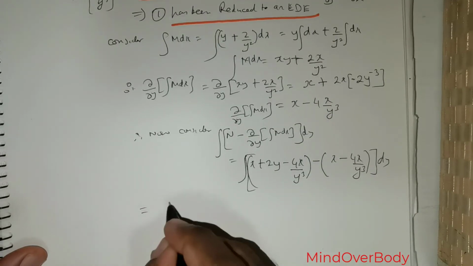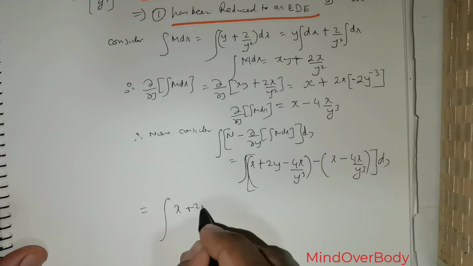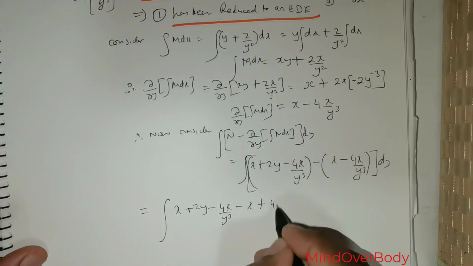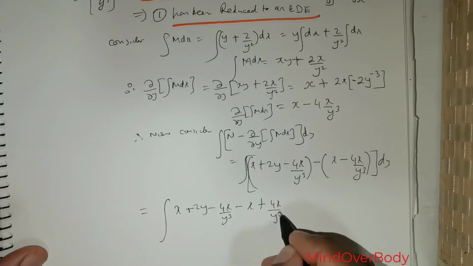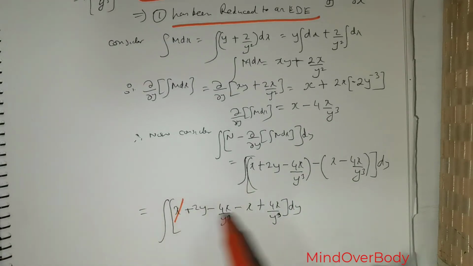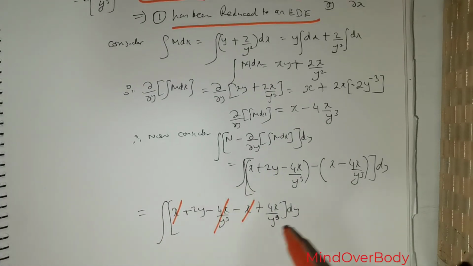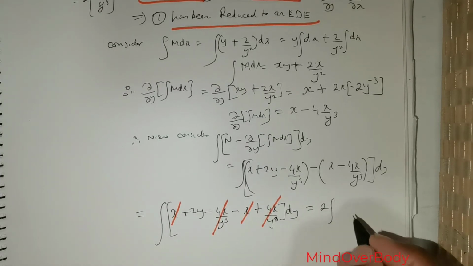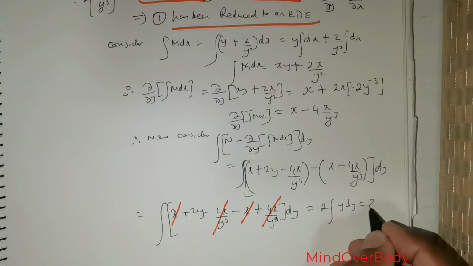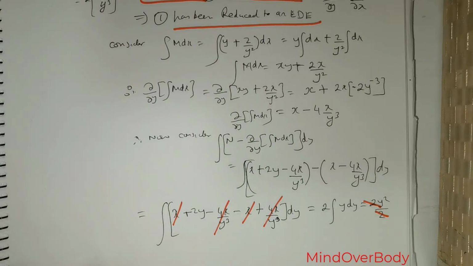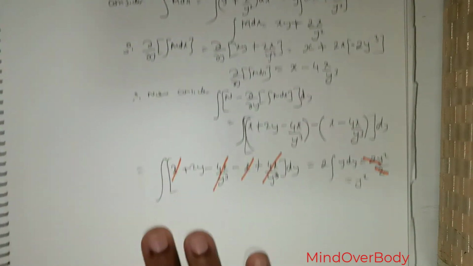So I can rewrite this as the integral of x plus 2y minus 4x over y cubed minus x plus 4x over y cubed times dy. So positive x, negative 4x over y cubed, positive 4x over y cubed can be cancelled, giving me 2 times the integral of y dy, which is 2 times y squared over 2. So the 2 and 2 cancel, giving me y squared. So this is for this, right?